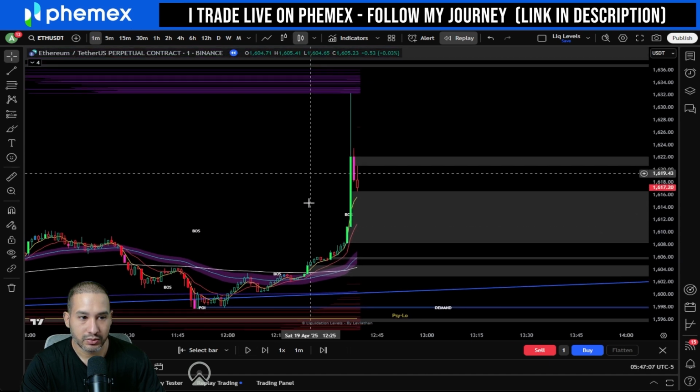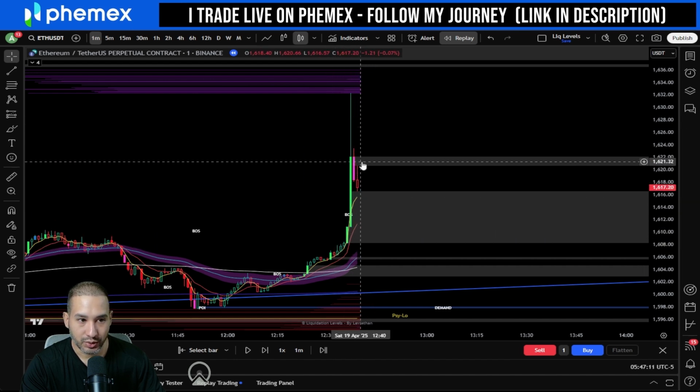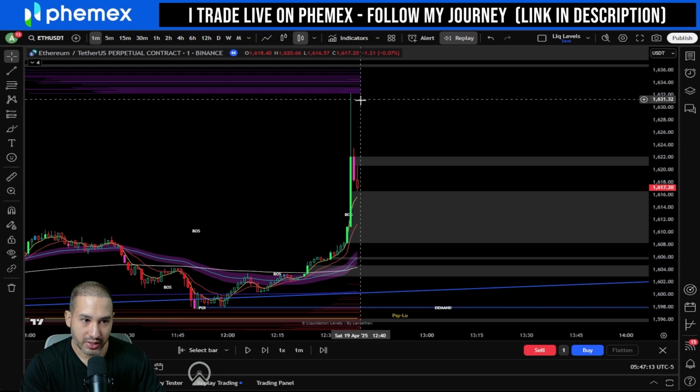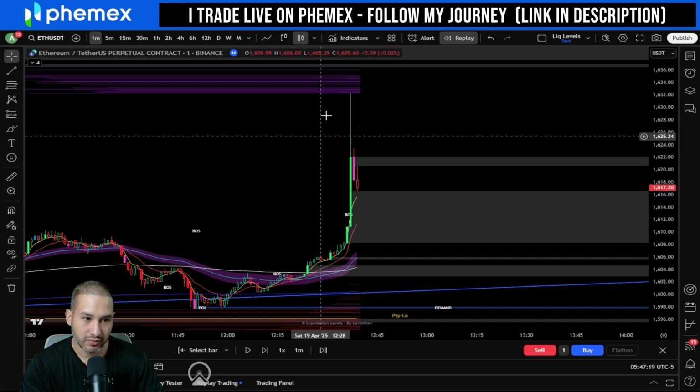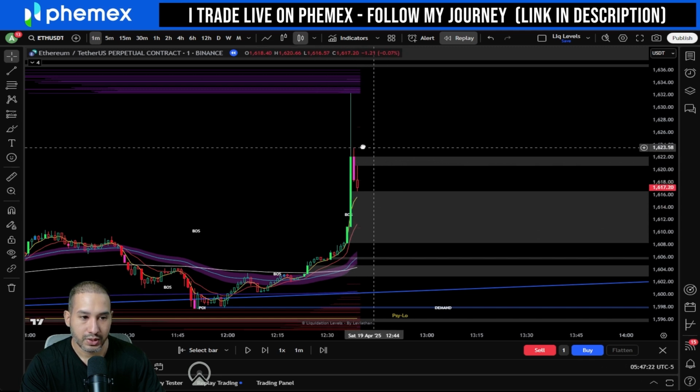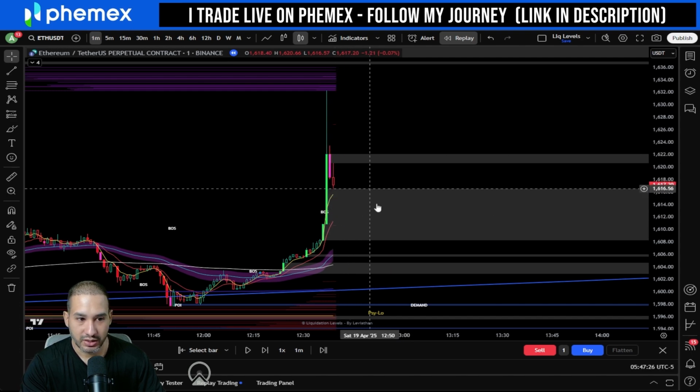So at this point, when I see a big aggressive move like this, and I know it's market maker, and I see we have the stopping volume candle, like literally when this candle ends like that, this is a very big stopping volume candle. I know that it's likely that the rest of this candle is going to get retraced.